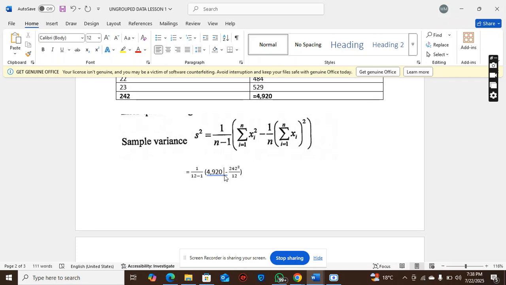So let's do 242 squared. 1 over n times 242 squared.